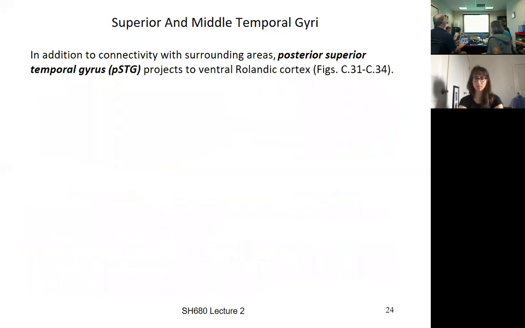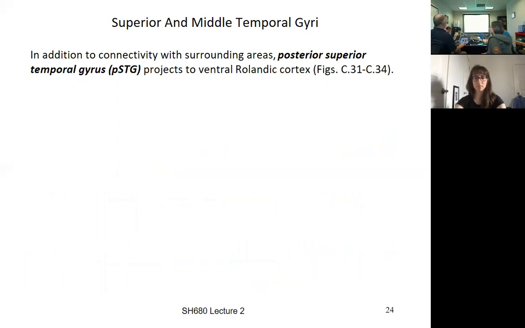All right, so posterior superior temporal gyrus, especially the posterior part, projects to ventral Rolandic cortex, so the motor and somatosensory portions of the speech articulators. So they are interconnected: posterior auditory cortex and motor and somatosensory areas.